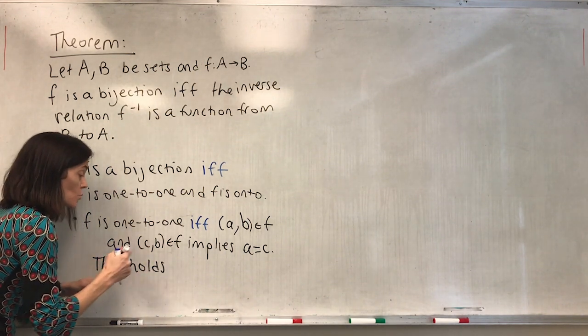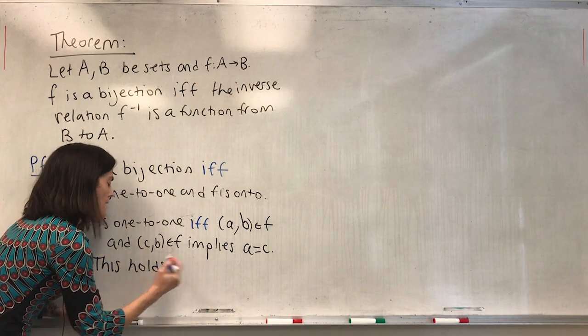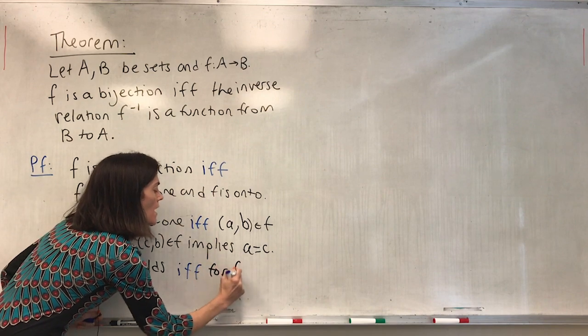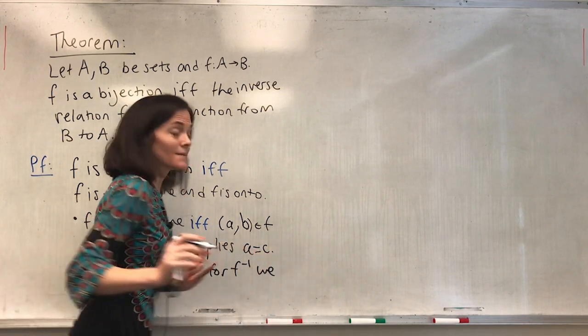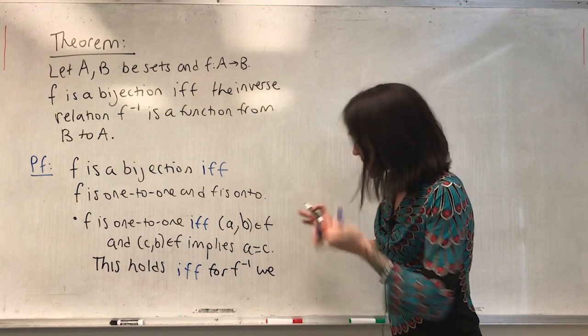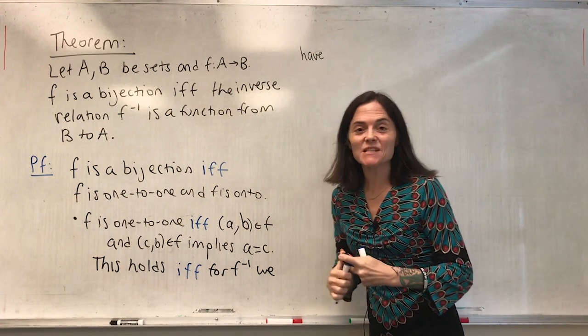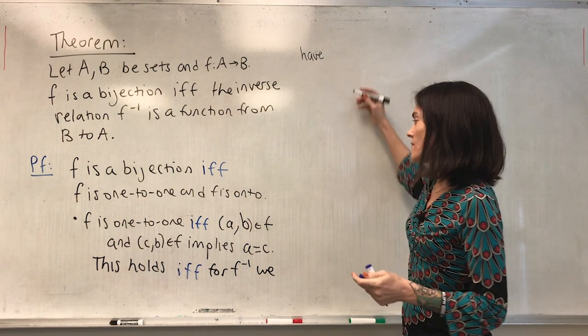Or I should say this is equivalent, or this holds, if and only if, for F inverse, and now just like I did in the last video, we translate this statement into F inverse.